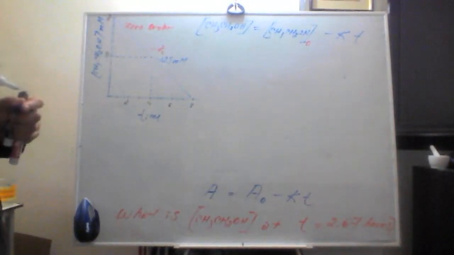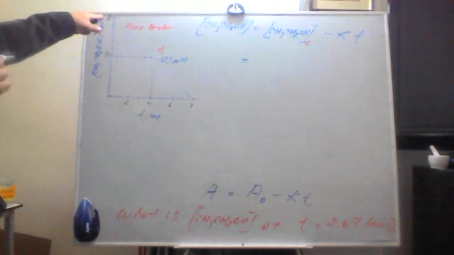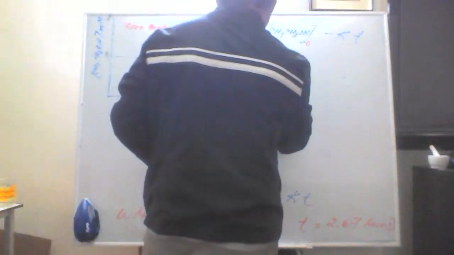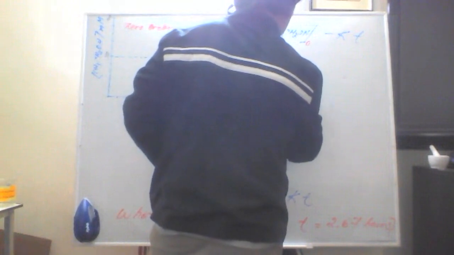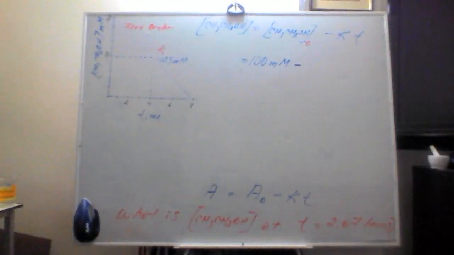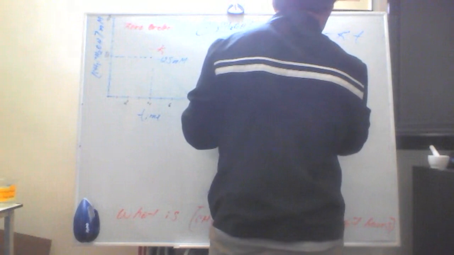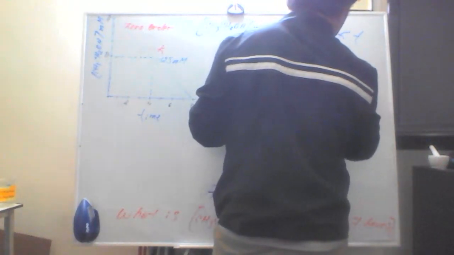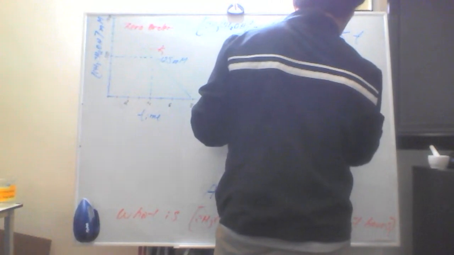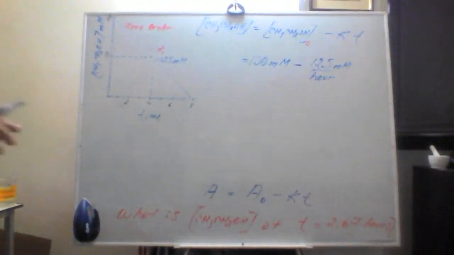So let's see what we got. That will be equal to, the concentration at time 0 was 100 millimolar, minus kt, 12.5 millimolar per hour. You can see there clearly that the hours would cancel.